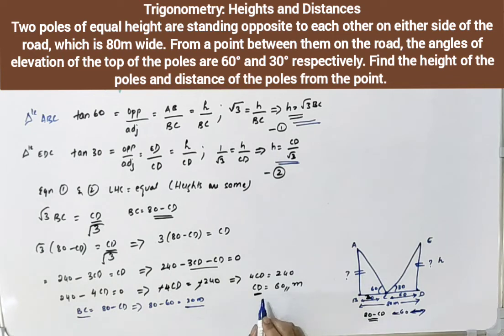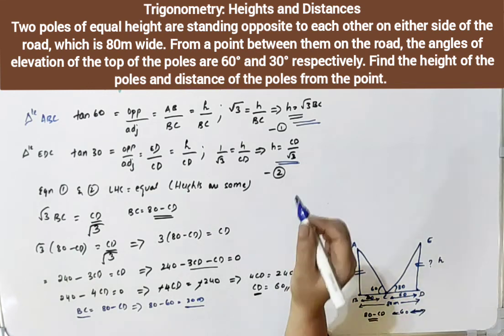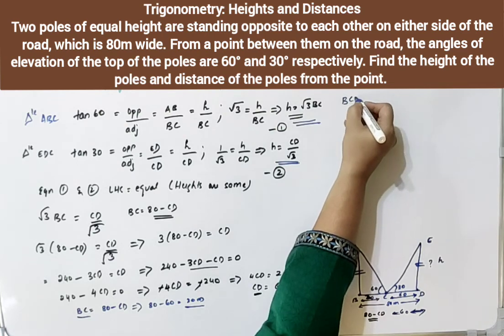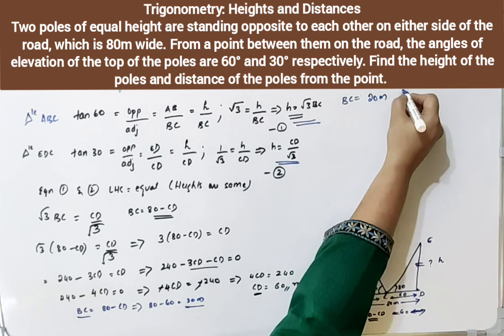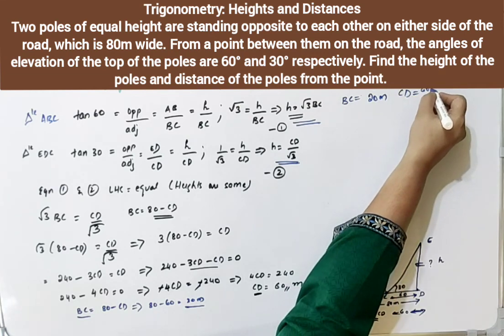So we have solved one part of the question, that is to find the distance from the point to the foot of the poles, that is BC and CD. So BC is 20 meters, CD is 60 meters.